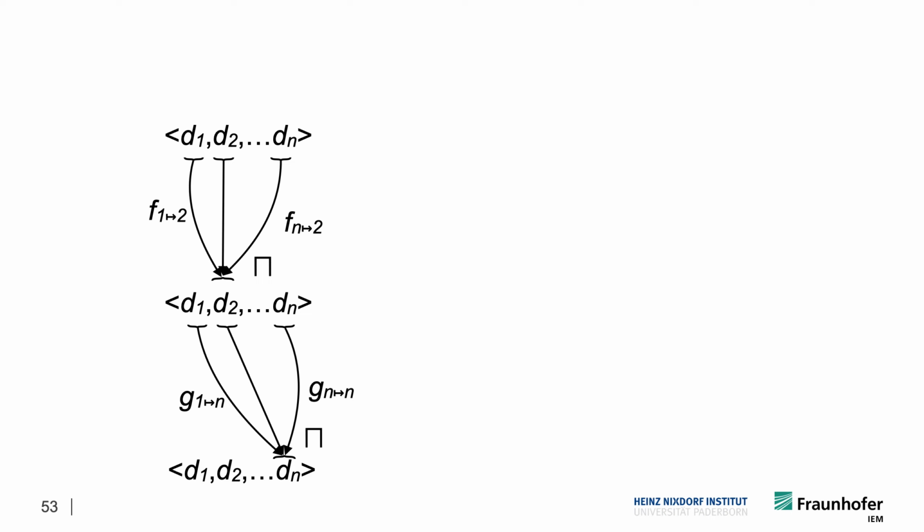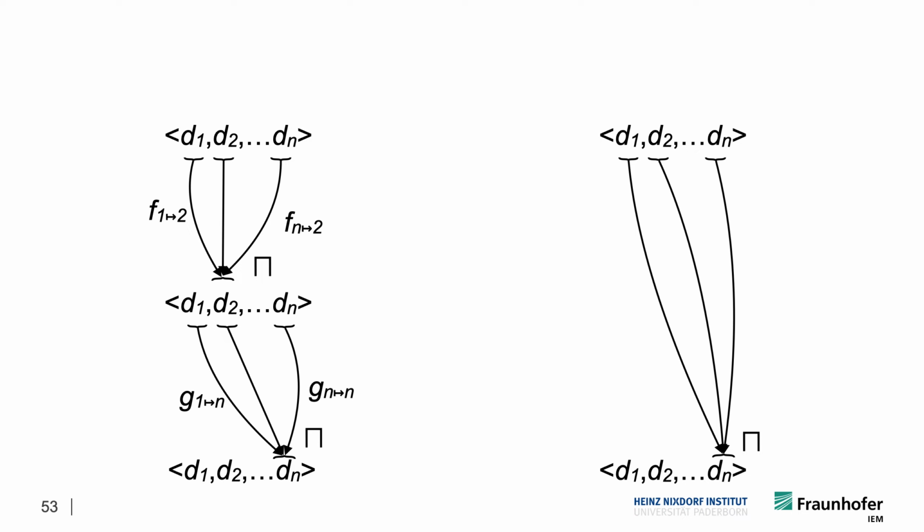Now, if we take a look at this, what does this here on the left-hand side represent? Well, this is basically saying we apply f, right, the flow function f, and then we are applying some meet operator. Then we are having some g functions, and we are again applying the meet operator.